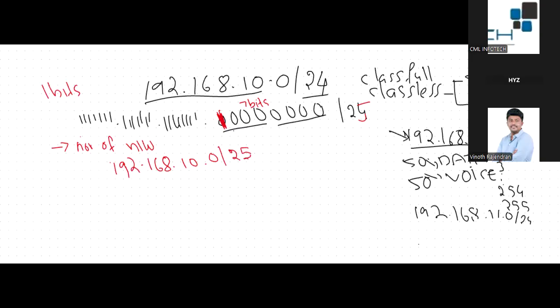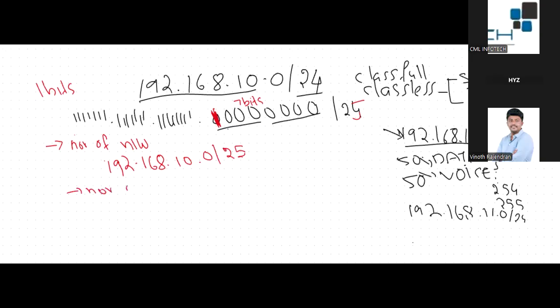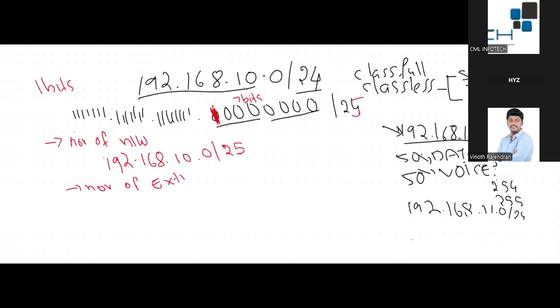The number of extra on bits gives the number of networks.